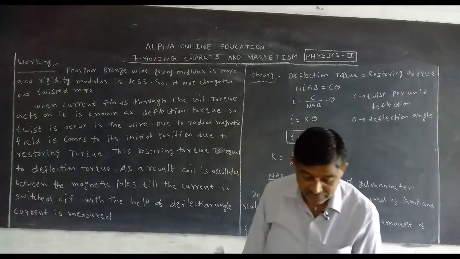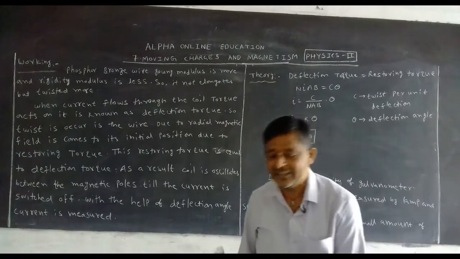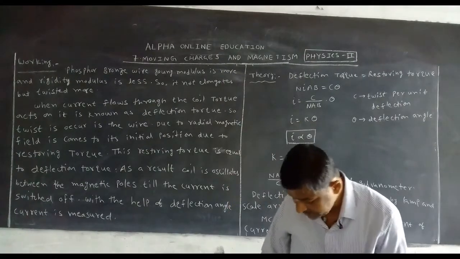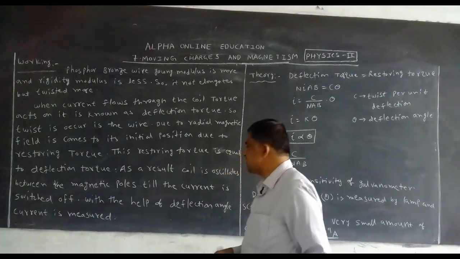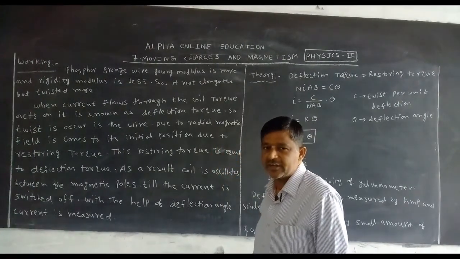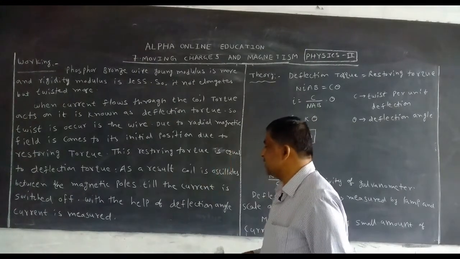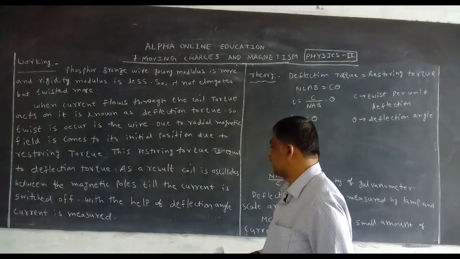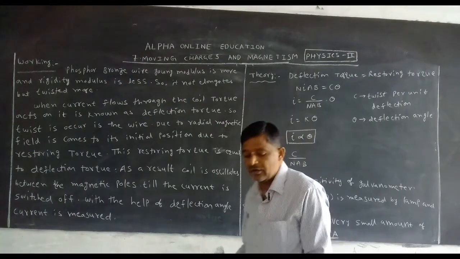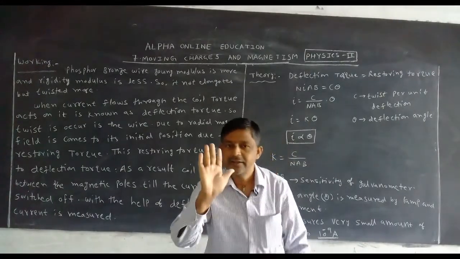This restoring torque acts on the coil again due to the magnetic field. But the restoring torque is equal to the deflection torque. As a result, the coil oscillates between the magnetic poles till the current is switched off. When current is passing through the coil, it makes a deflection.